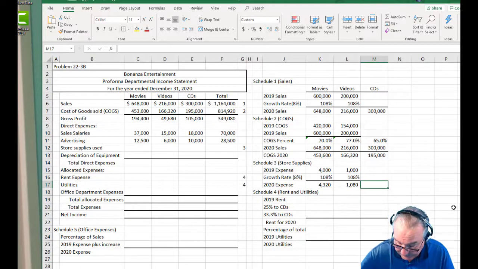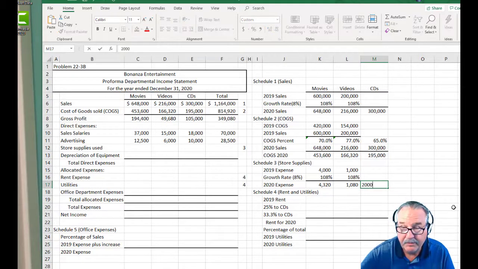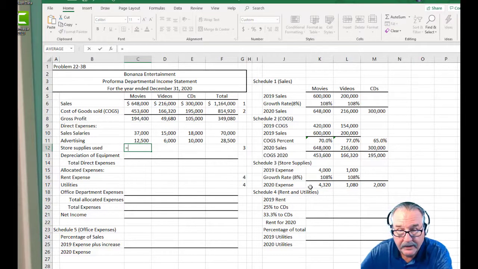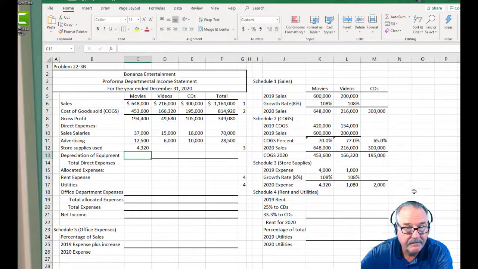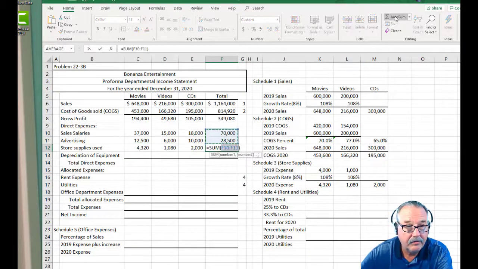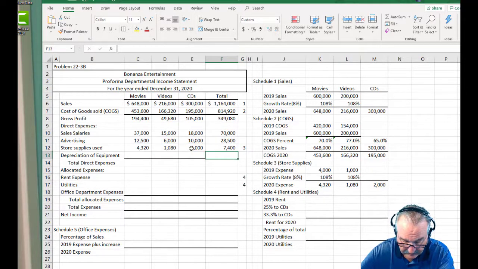And they told us that the CD department would spend $2,000 on store supplies. So now we can link these guys in. 4,320, 1,080, and 2,000 for CDs. The total expense is $7,400.